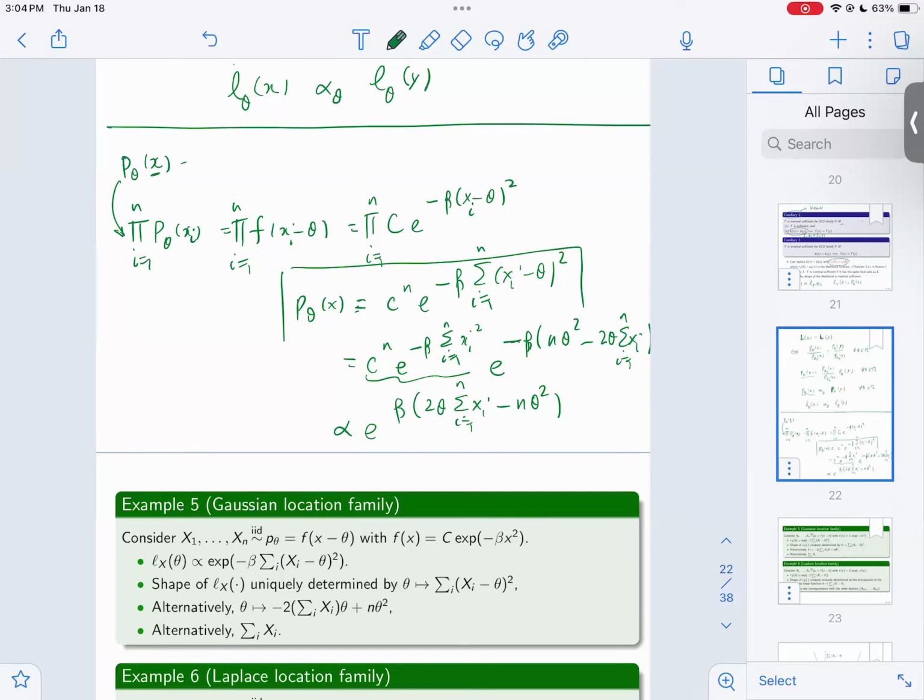Essentially it's the same thing, we're just looking at it as a function of theta. It's the same formulation: it's still c to the n e to the negative beta summation. But when you look at the likelihood as a function of theta, multiplicative factors don't matter, so the constant multiplicative factors we don't care about.